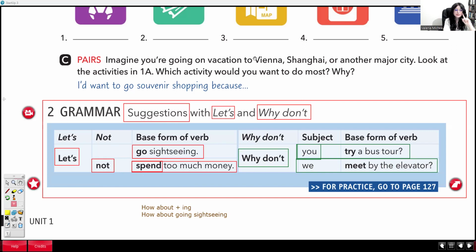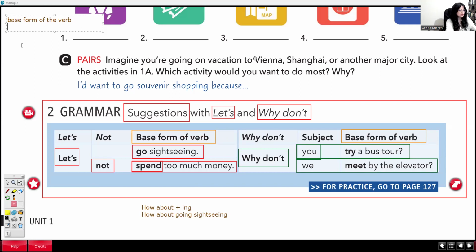Also, what is important to remember, and this is something that sometimes my students forget about, is that you need to use the base form of the verb. You cannot conjugate the verb. What is the base form of the verb? Does anybody remember? I told you this a few classes ago. It's the verb not conjugated. Yes. So it is the verb when it's not conjugated.